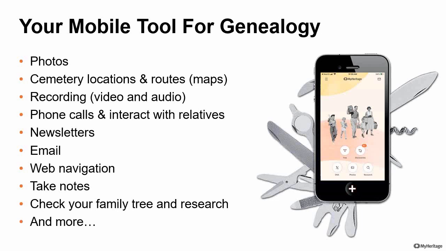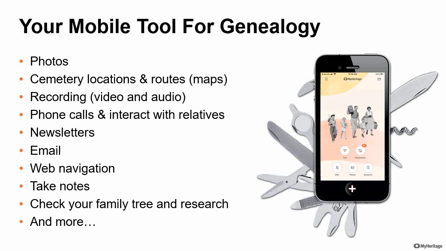And a lot of us, when we travel with mobile devices and tablets, use them for almost everything as if we were at home with a regular computer. So that is what MyHeritage engineers had in mind when they code and come up with new features on the mobile app.